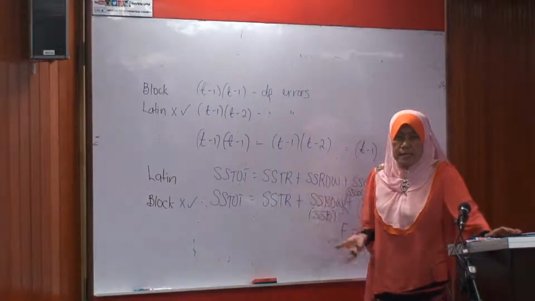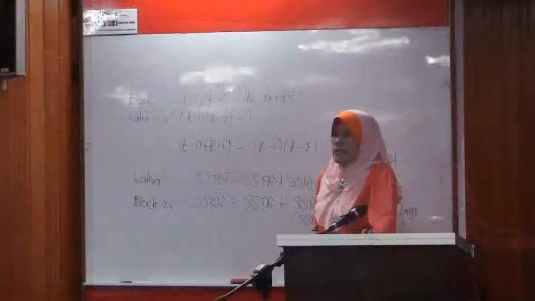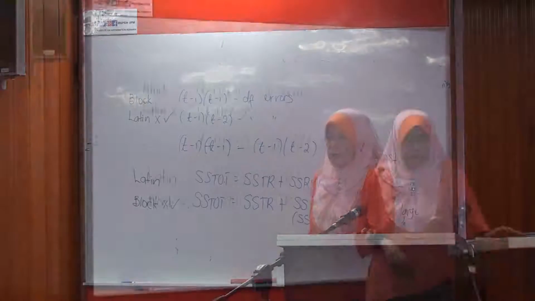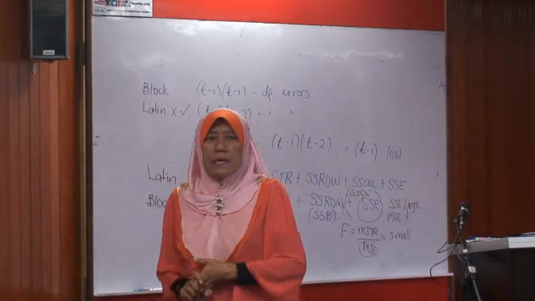So always gamble and use the Latin square when you are not sure whether to include another column effect in the analysis.